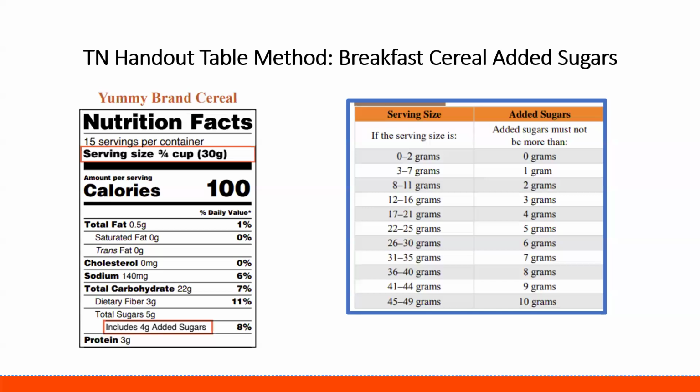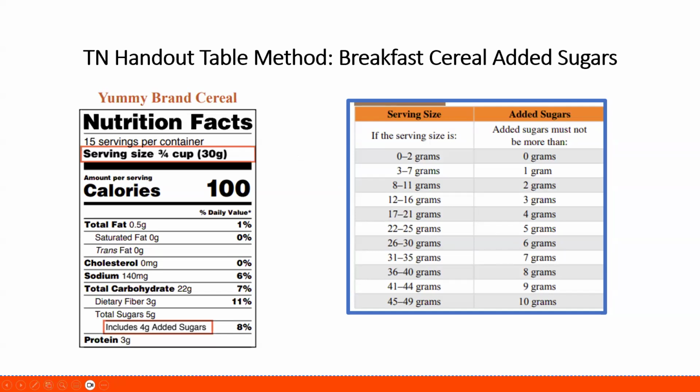So this serving size, for example, 3/4 of a cup is 30 grams. And for that 30 gram serving, it includes 4 grams of added sugar. So then you'd look over in the chart, and for a 30 gram serving, it can't have more than 6 grams of added sugar. So for this cereal, this would qualify because its 4 grams of added sugar is less than the 6 grams max.